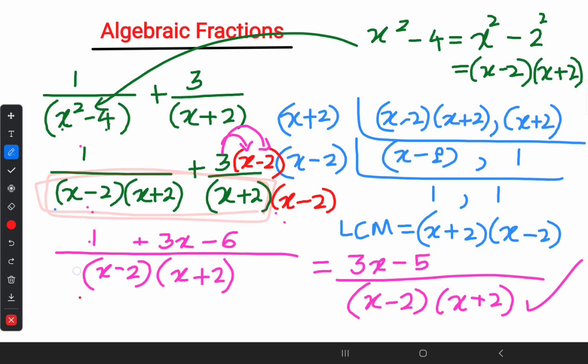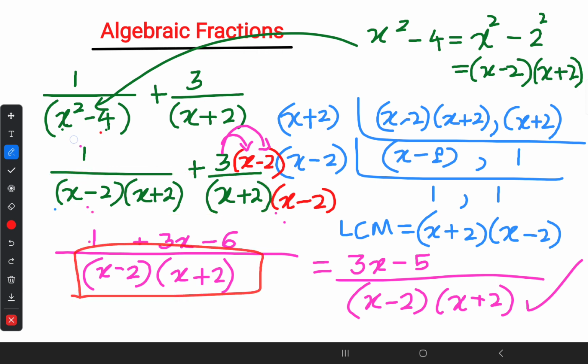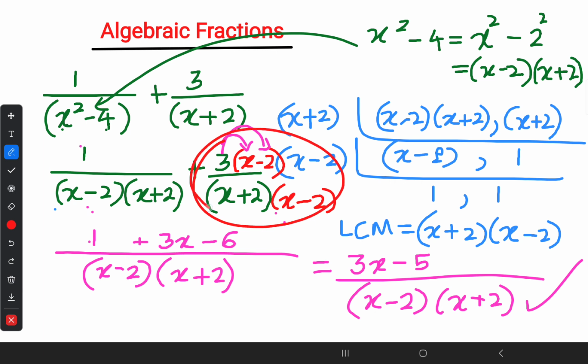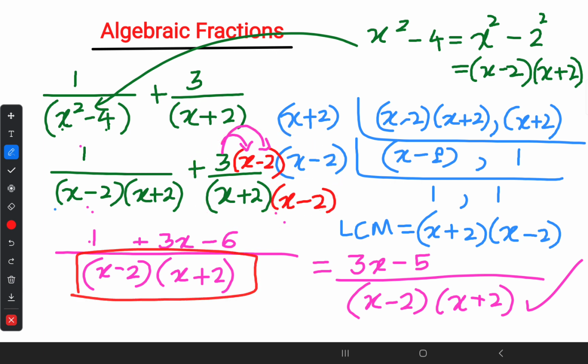That would be x minus 2 times x plus 2. The first fraction already has that denominator itself. So the second fraction would be multiplied by x minus 2 to achieve the common denominator. Then in the numerator we have 1 plus 3x, and 3 times negative 2 is negative 6. So 3x remains the same, and 1 minus 6 becomes negative 5. That would be the final answer for the question.